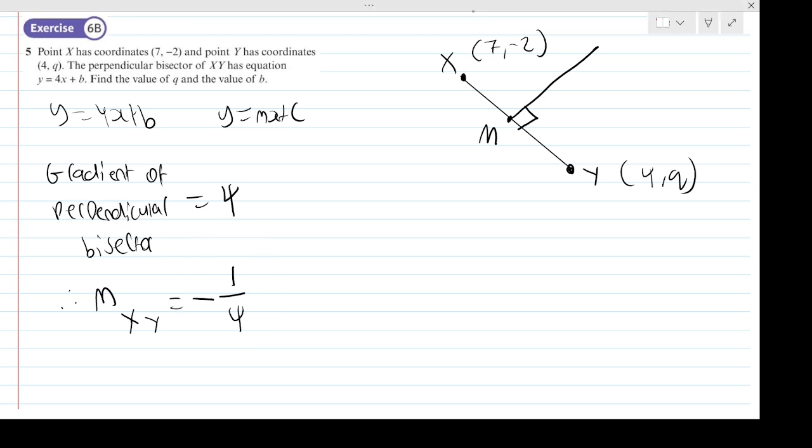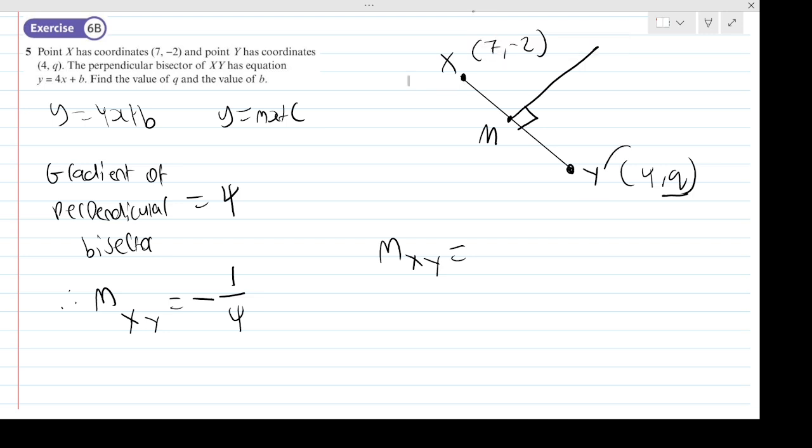But we can also work out the gradient by just computing the change in y over change in x, because we've got the 2 points. We can then also say that mxy is change in y over change in x. Well, that's a bit confusing because x, y are the points called as well.